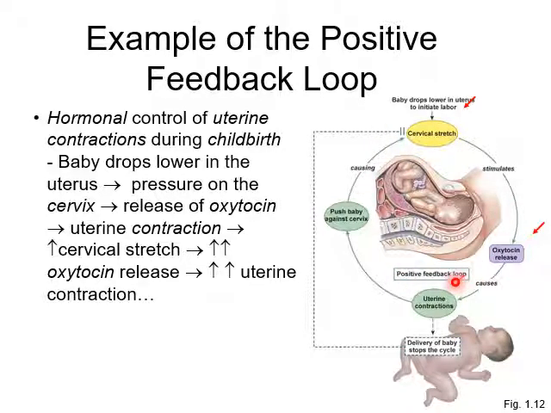Positive feedback loops need an outside source to take away the response. In this case, the outside source is that the baby is born. Once the baby's born, that reduces the cervical stretch, and we get the drop in oxytocin release. So positive feedback loops are non-homeostatic.